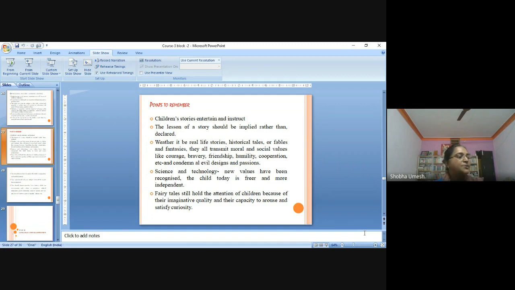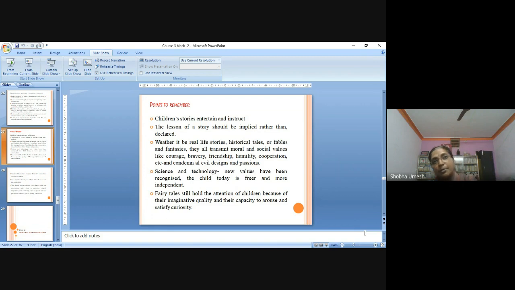So, when it comes to the theme of science and technology, where new values are being recognized, the child today is freer and more independent. The present generation of children are broad minded, or we can say they are far ahead of us, and they always prefer to be freer and more independent.